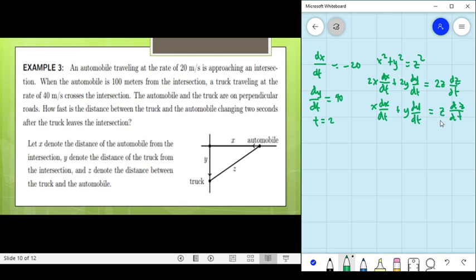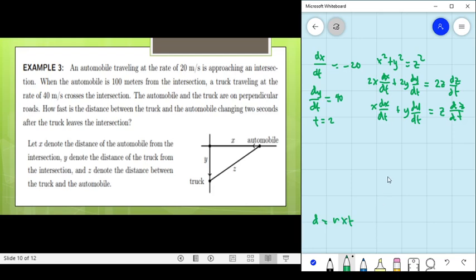Okay? So, before substituting the given values, we still need to find the values of x, y, and z when time is 2. So, let us recall that the distance-rate-time relationship is distance is rate times time. So, for the automobile after 2 seconds, it has traveled a distance equal to 2 times 20.